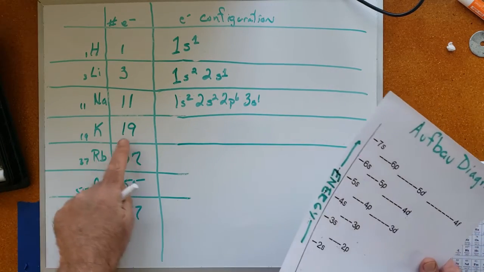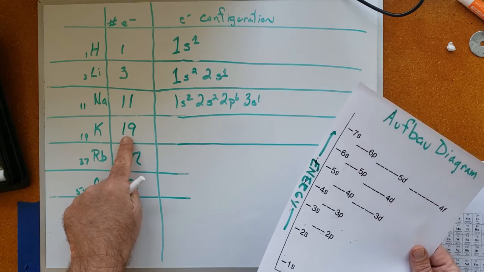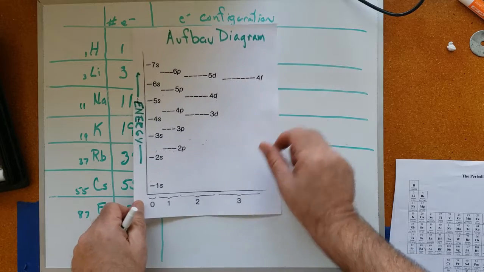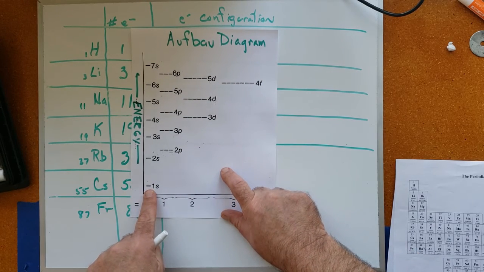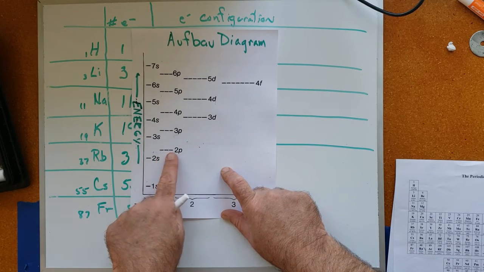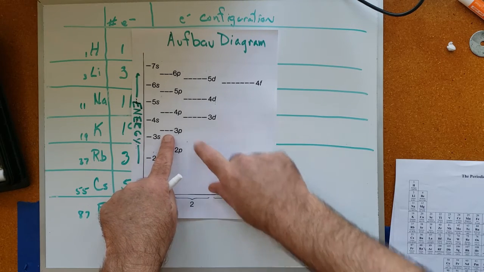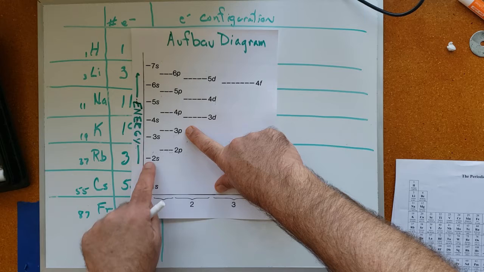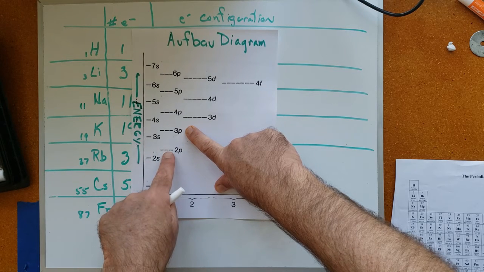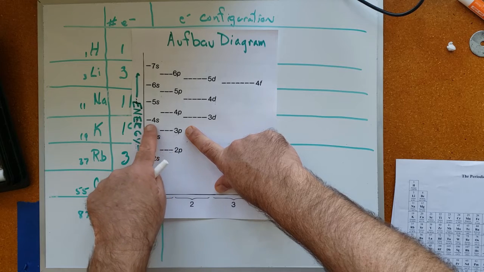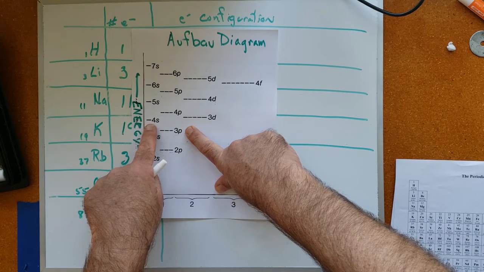Now potassium, element number 19 electrons. All right, 1s, so there'd be 2 there, 2 there, 6 there, 2 there, 6 there. How many total is that? 2, 4, 6, and then another 6 here would be 12, and another 6 here, 18. The 19th would be into the 4s orbital.